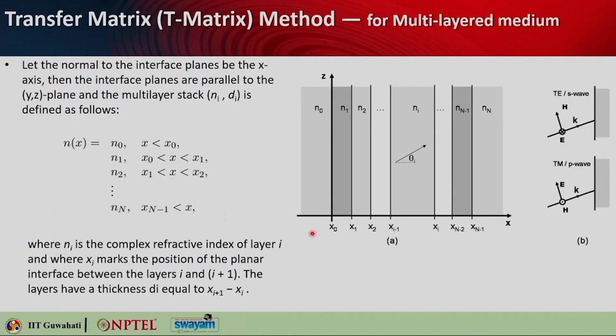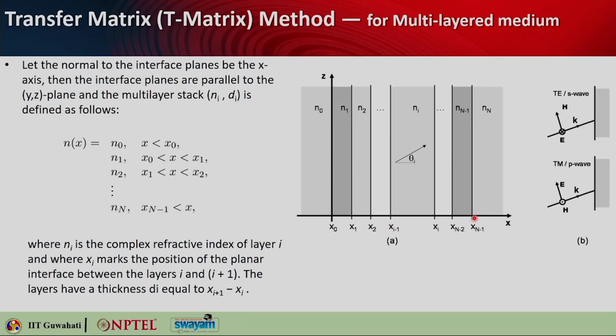Between x1 and x2, as you can see here, it is given as n2, and then between x(n minus 1) and xn you have n(n).